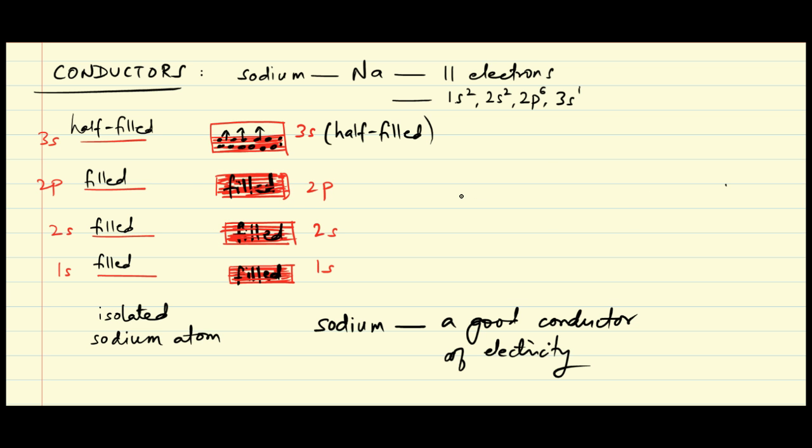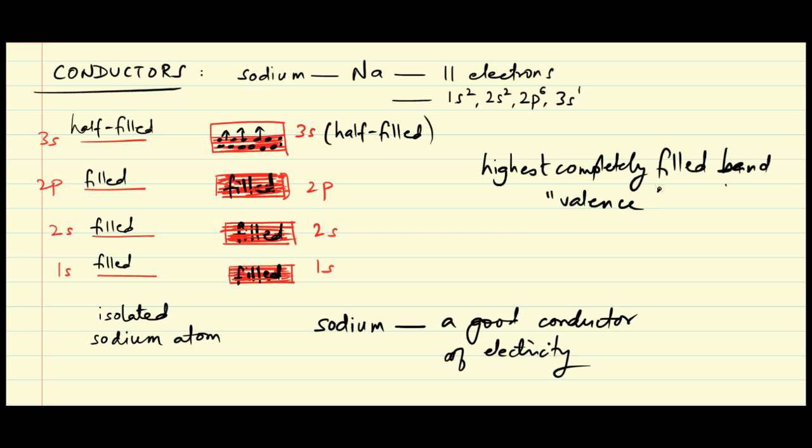Also note that the highest completely filled band in a solid is called the valence band, which would mean that for sodium the 2p energy band becomes the valence band.